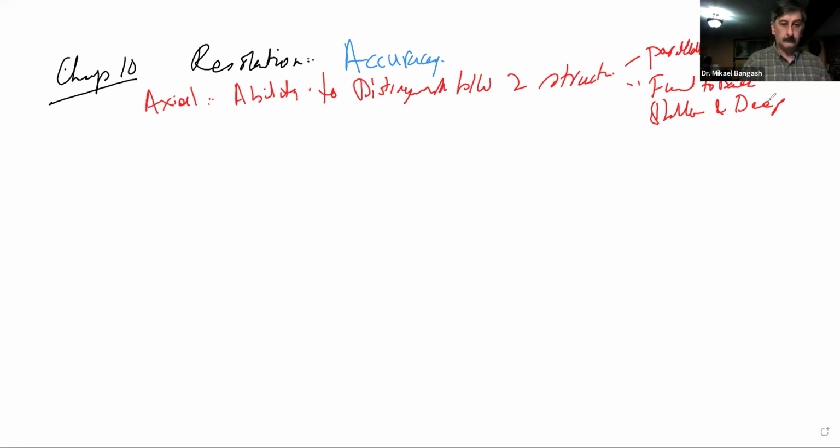We said that this resolution had a numerical value, which was half of your spatial pulse length.